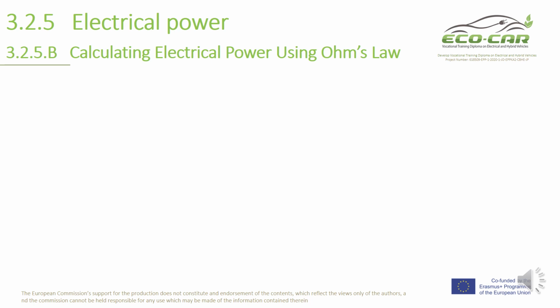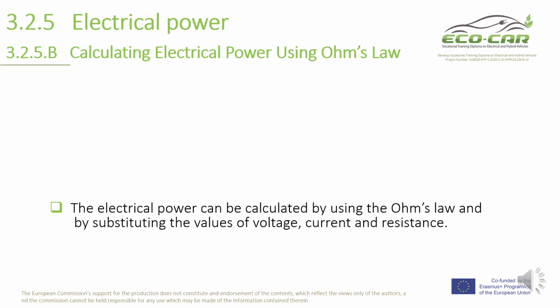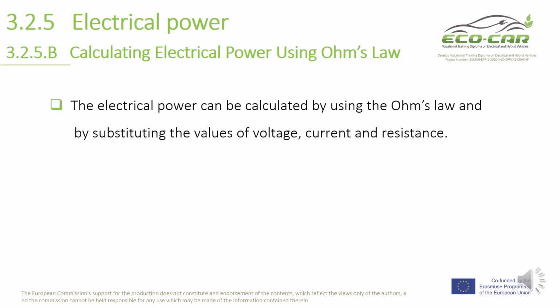Calculating electrical power using Ohm's law. So using Ohm's law also to calculate the electrical power. The electrical power can be calculated by using Ohm's law and by substituting the values of voltage, current, and resistance.